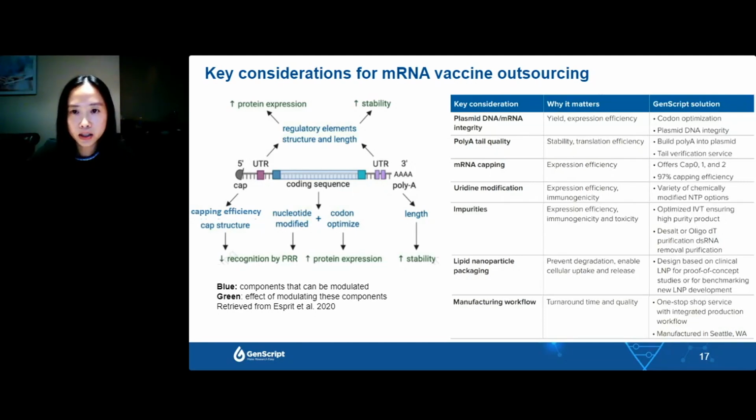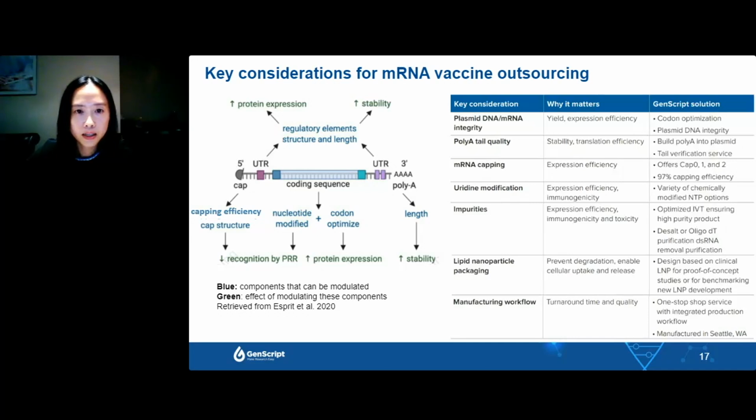And at GenScript, we are the number 1 gene synthesis company, and we have a platform called GenScript's to guarantee good codon optimization and also ensure the plasmid DNA integrity.